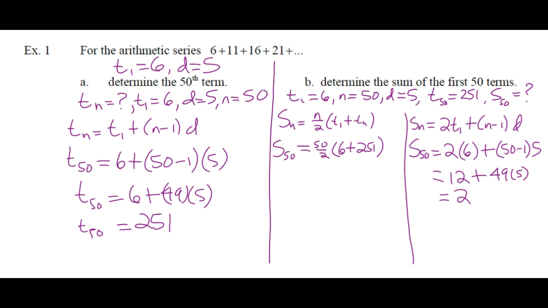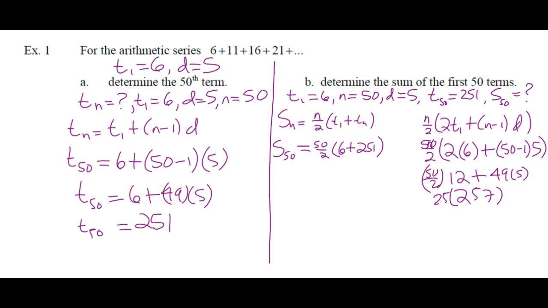Oh, we got the n over 2. That was when the formula is not there. That's why you need a formula. 50 over 2, 25 times 257.